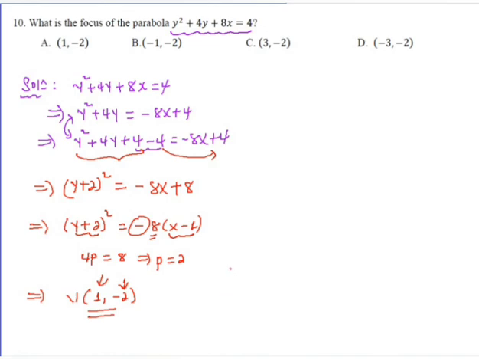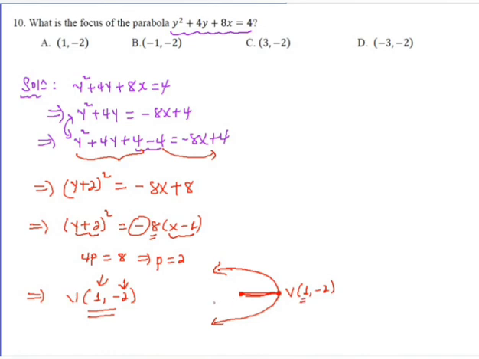Since this parabola is a horizontal parabola which opens to the left, here is the vertex, which is 1 comma minus 2. So to find the focus, we need to move p units horizontally. That means at the vertex x is 1.